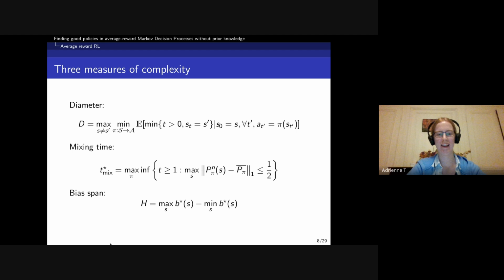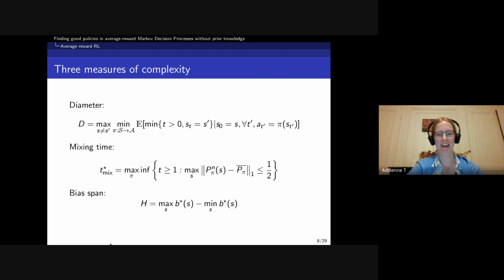Whereas if everyone is equally happy, if all the immediate rewards are kind of the same, then you can't really mess up a whole lot. Because if you mess up, well, you're still in a high reward state, so you're not actually that sad, so you can still be very optimal. And so that's the optimal bias span, just the span, so maximum value minus minimum value of the optimal bias, so the bias of the optimal policy.